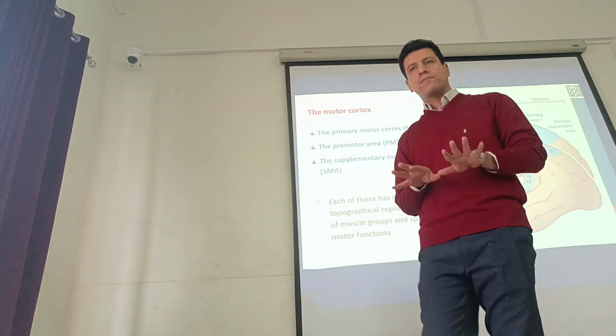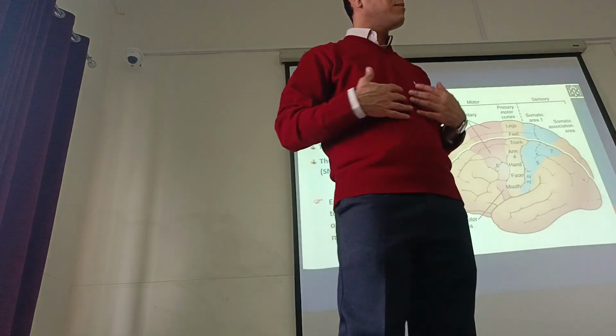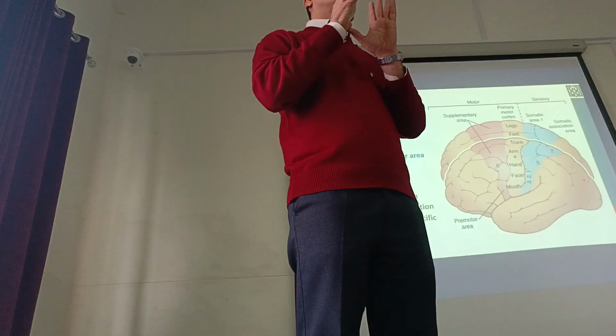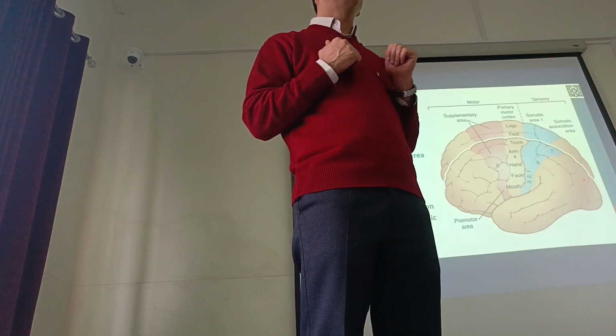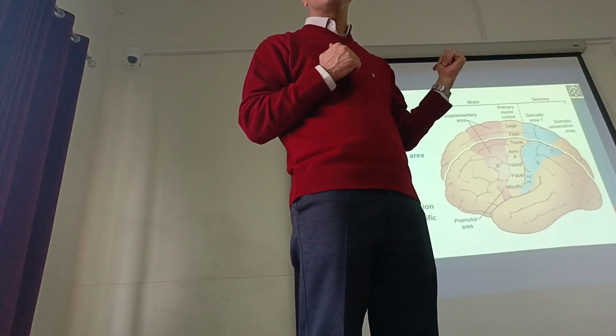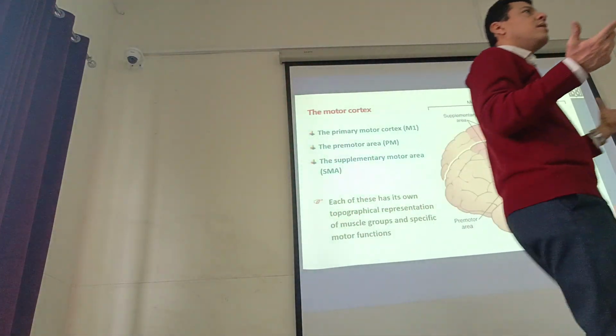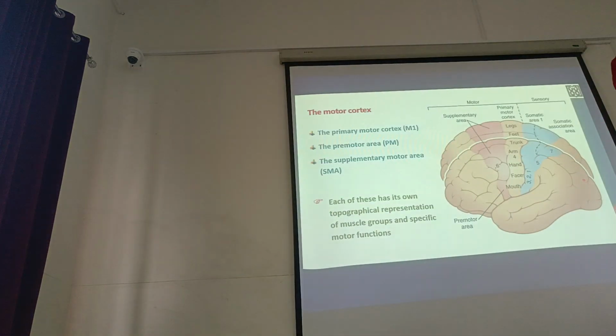Reflexes are actually organized by the spinal cord, right? Postural movements are organized by the brainstem. We have seen several tracts, right? Now, let's see the motor cortex, which is important for voluntary movements, purposeful movements, right?